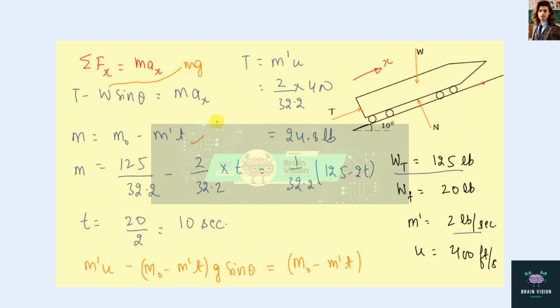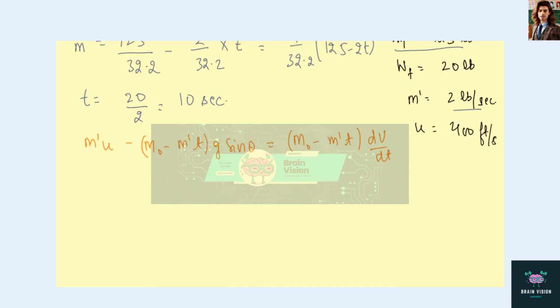The acceleration is the rate of change of velocity, so we write it as dv over dt. Now let us simplify this equation. We take this term to the left side, so it becomes m dot u divided by m naught minus m dot t, minus g sine theta, and taking dt to the left side, dt is equal to dv.